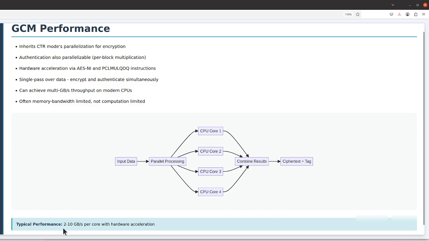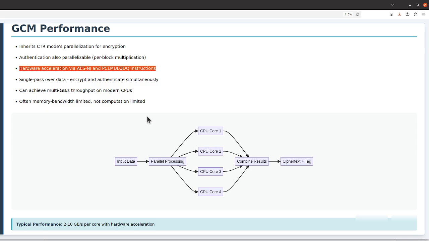Intel and AMD processors have the AES-NI instruction set, which accelerates AES encryption, and the PCLMULQDQ instruction, which accelerates the Galois field multiplication used in GCM authentication. With these hardware instructions, GCM can achieve speeds of multiple gigabytes per second on a single core.